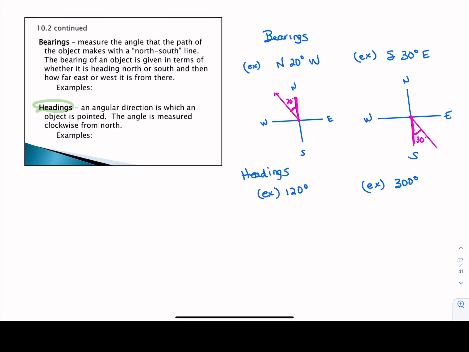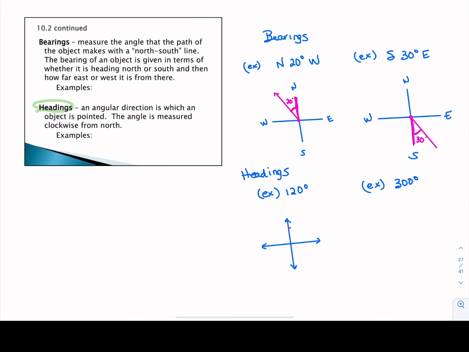Recognizing that we don't have any north, south, west, or east directions, there's a norm for us when we draw out specific headings. When we talk about a heading of, let's say, 120 degrees, we have to start at the north line and rotate in a clockwise direction. So if I start along my north line and I rotate 120 degrees, I recognize that each quadrant is 90 degrees.